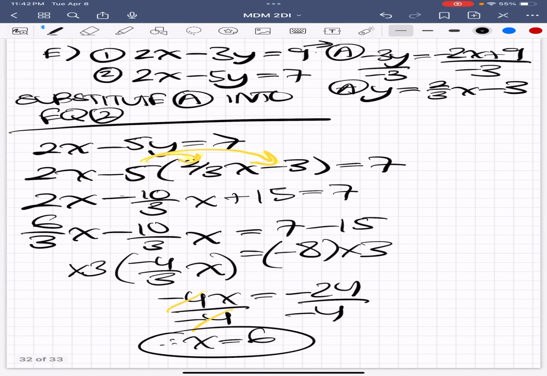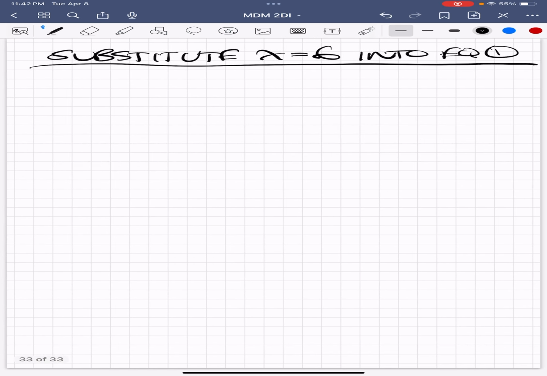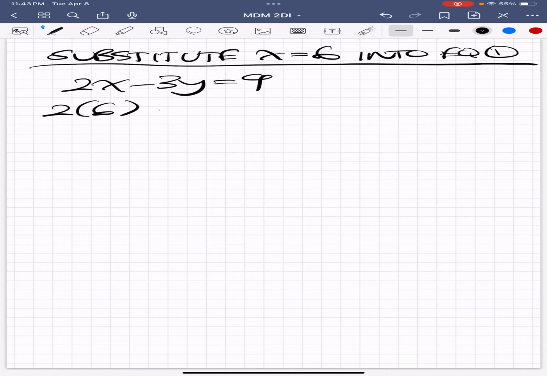So equation 1 is 2x minus 3y equals 9. So we have 2 times 6.